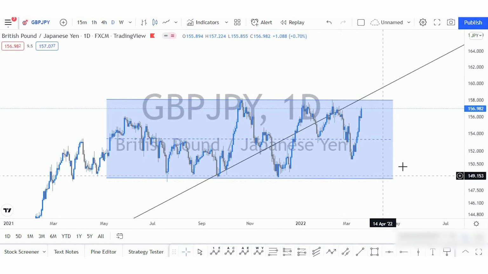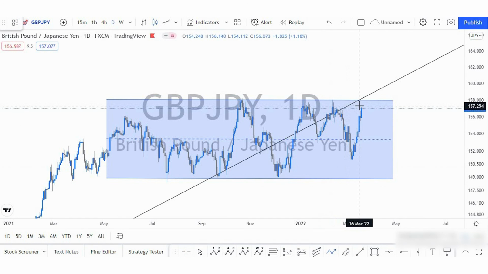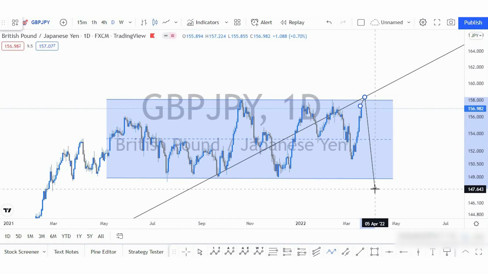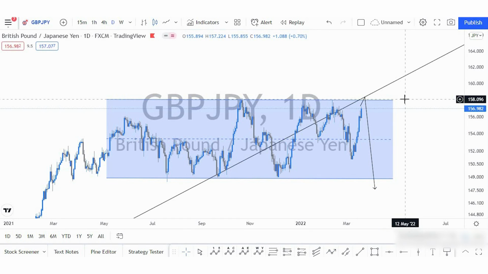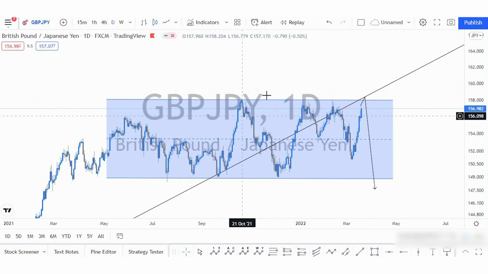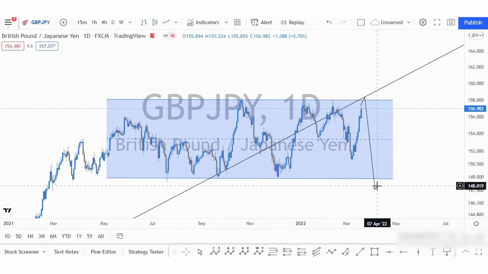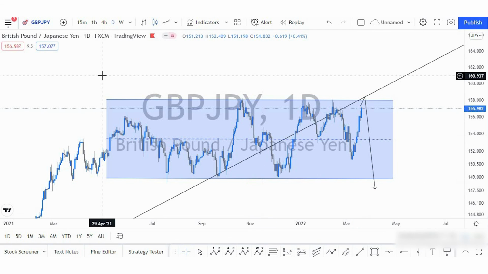So in terms of a bias, up to this moment, unless this pair either breaks these highs or breaks these lows, essentially I don't have any bias, and I will just be staying away from this pair until one of those things has happened. So I will just be staying away from GJ for now until I have an idea of what pattern the market is actually presenting in front of me.